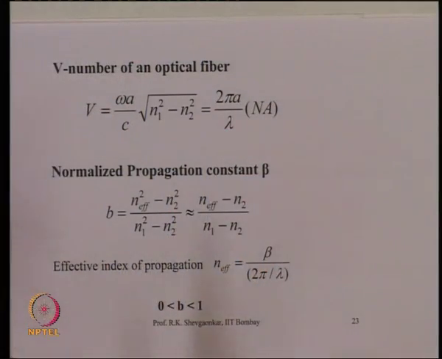So whether we have a TE mode, a TM mode, or a hybrid mode, whatever the index is, the limit for this is always between 0 and 1, or the limit for beta is always between beta 2 and beta 1.